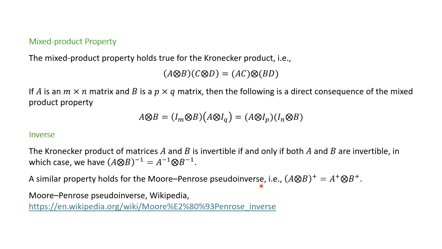There's sort of another pseudo-inverse, something that's almost an inverse that you could compute for such a matrix. And this is just saying that the Moore-Penrose pseudo-inverse has this property here, which is similar to the property for regular inverses. But again, we'll get back to this in a few lessons. I have several slides on this Moore-Penrose pseudo-inverse.